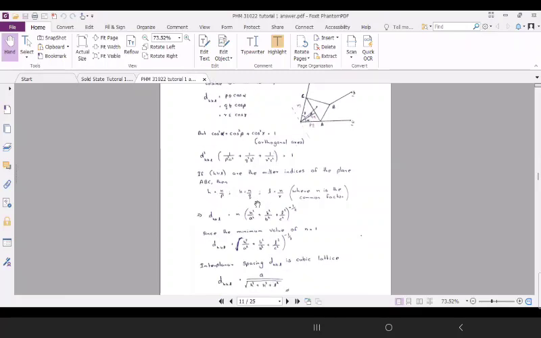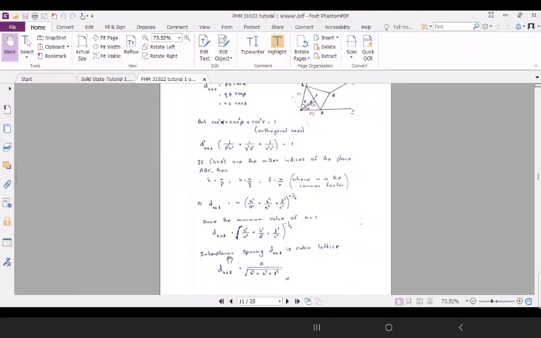After substituting those values into the equation for d, you get the equation in terms of h, k, l and a, b, c in squared form. Since a, b, c are all equal, you can consider it as a only, so the interplanar spacing of a cubic lattice is d = a over the square root of h squared plus k squared plus l squared.